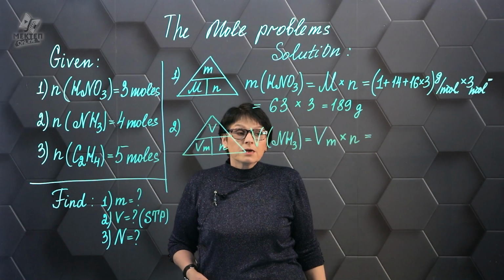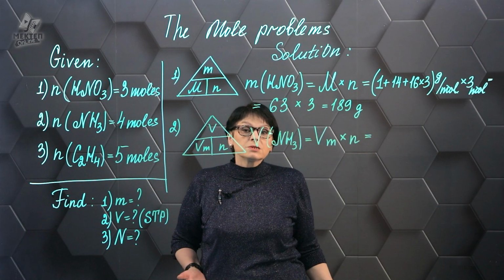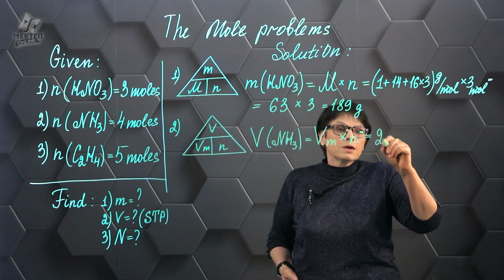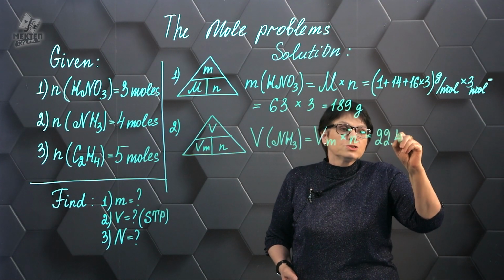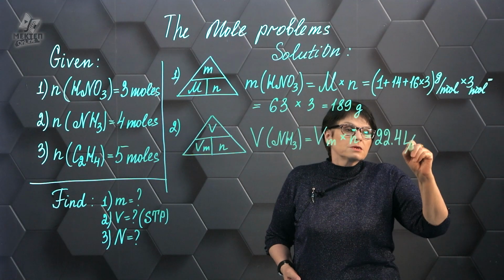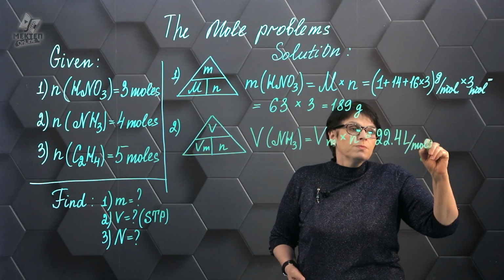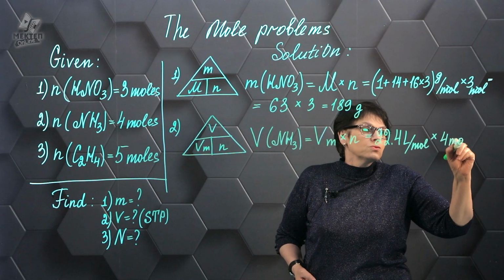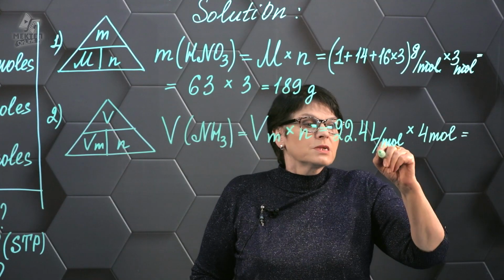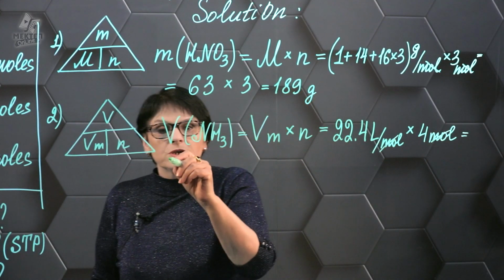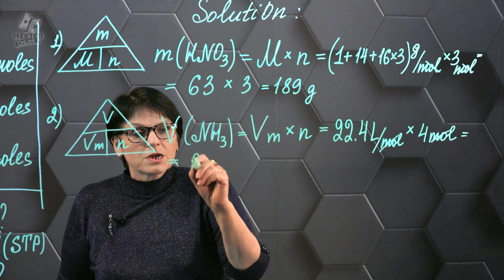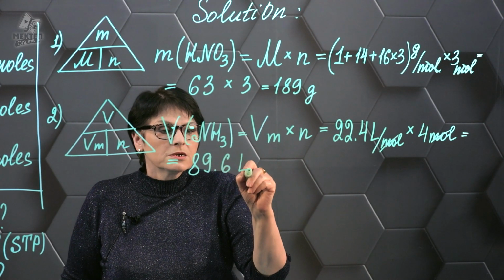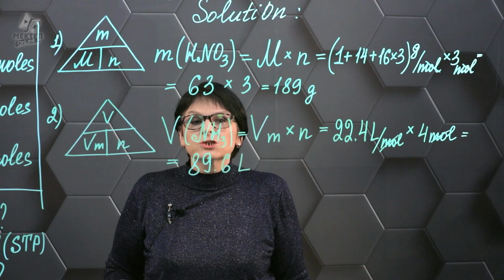But unlike the molar mass, the molar volume should be known by heart, and under normal conditions this volume is 22.4 liters per mole, multiplied by 4 moles, which we are given. Respectively, mole and mole cancel, and our answer is 89.6 liters. We have found the volume of this gas.